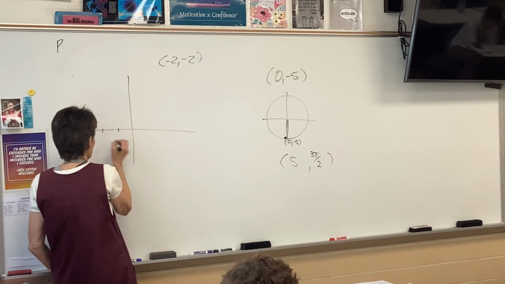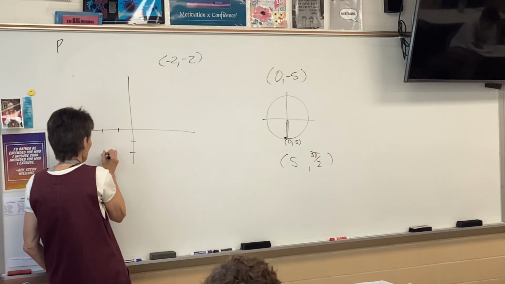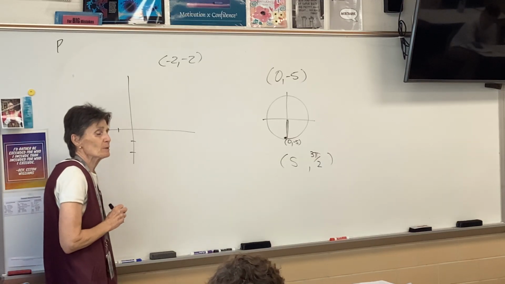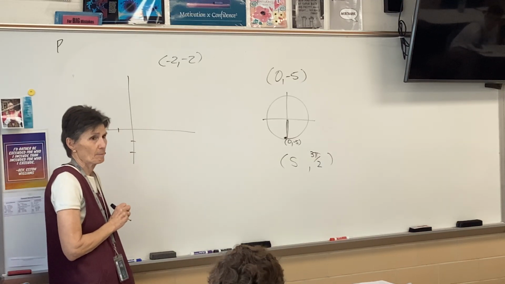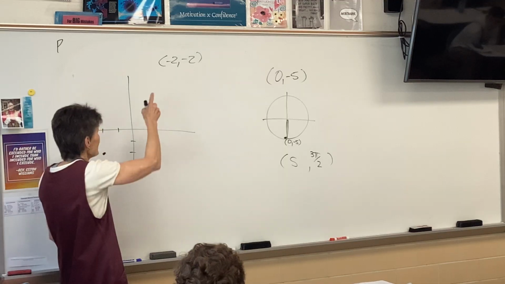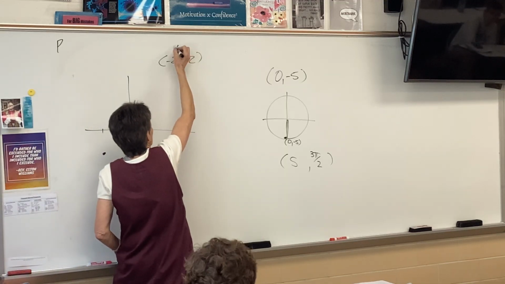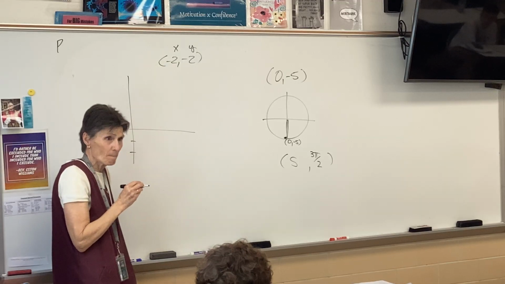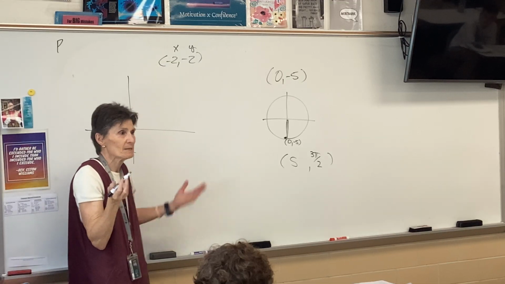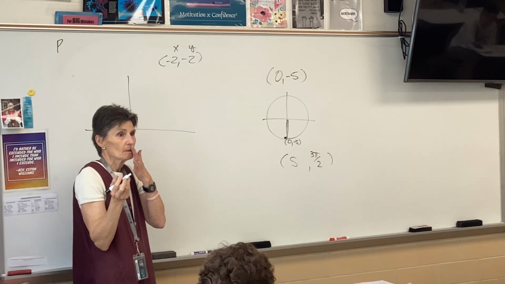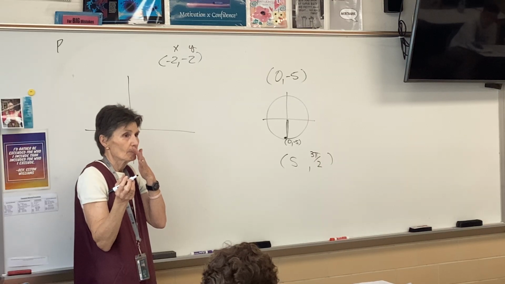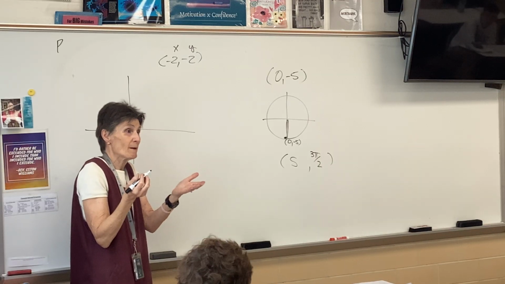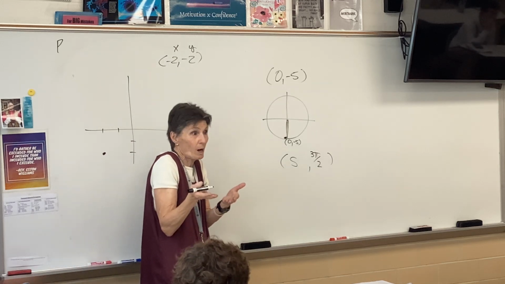So -2, -2 right here, that point right there represents a complex number. Now, these are rectangular coordinates. Give me an example of a complex number. 2i. So that would be pure imaginary, but yeah, like 5 plus 2i.